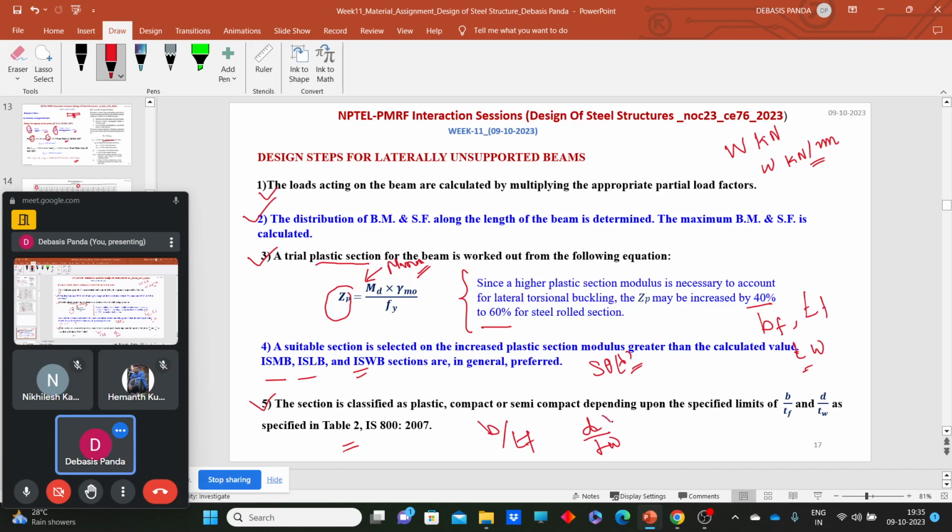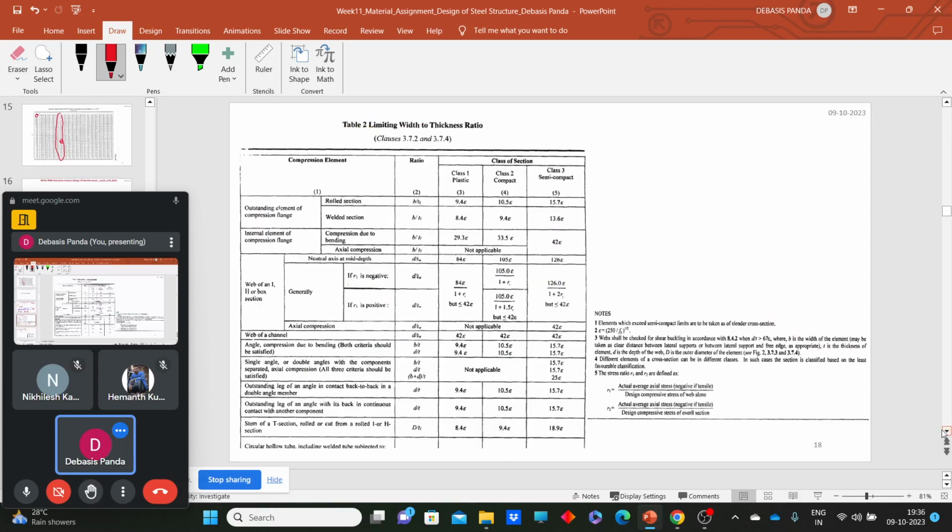If these parameters tell that the section is plastic, then our assumption was right, and the rest of the calculations we need to do with respect to plastic sections. So Table 2 is there, from where you can identify which kind of section you are dealing with.